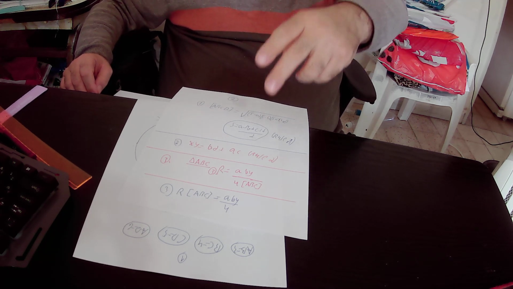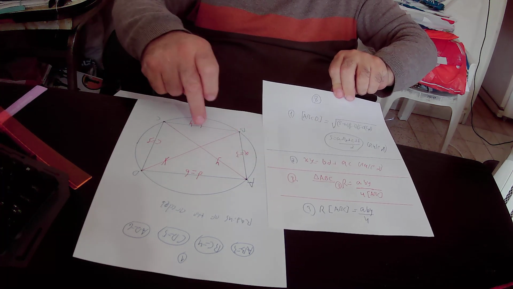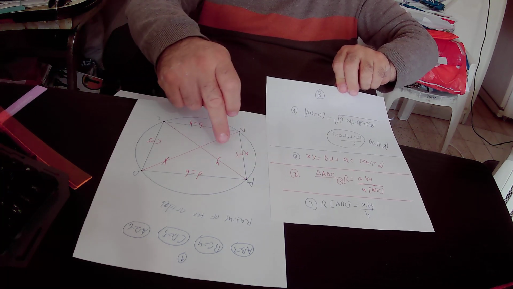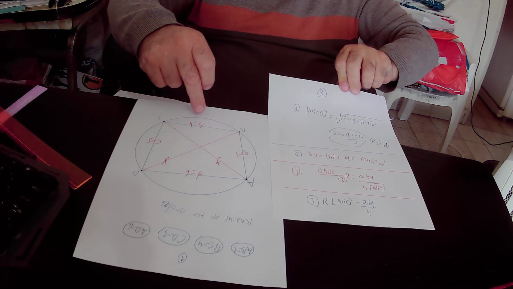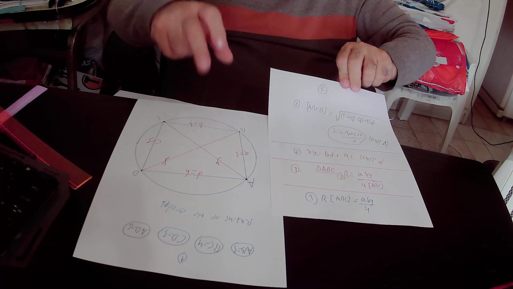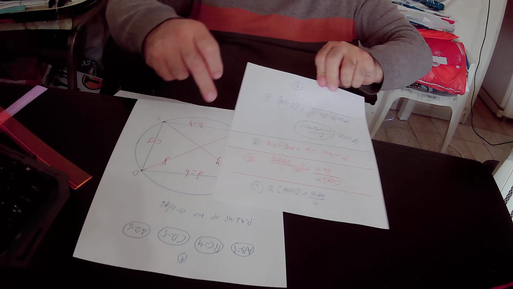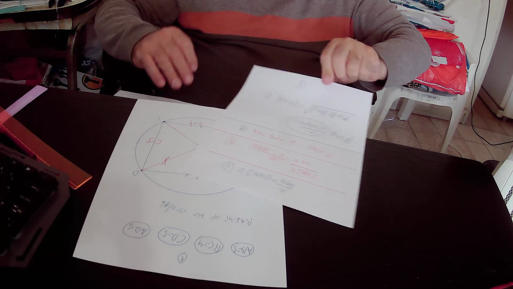So R equals ABY, the product of the triangle's sides, over 4 times the area of the triangle that is inscribed in the circle. That is the radius of the circle that blocks triangle ABC, according to rule number 3.